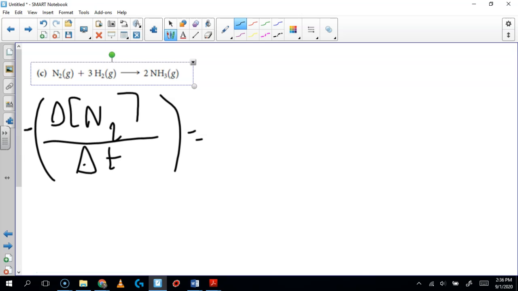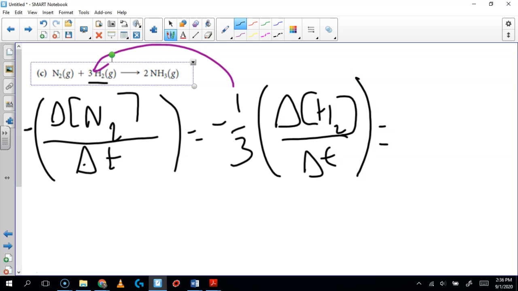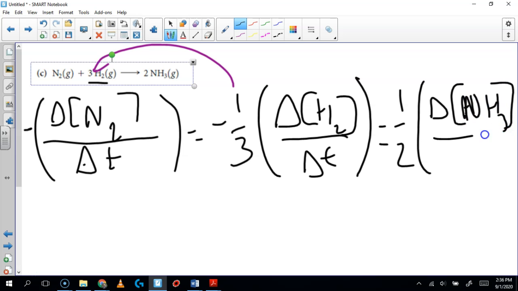And that's going to equal negative 1/3, again because this is a reactant, and the 1/3 comes from this coefficient being a 3, times the change in concentration of H2 over the change in time, which then equals 1/2 times the change in concentration of NH3 over the change in time.